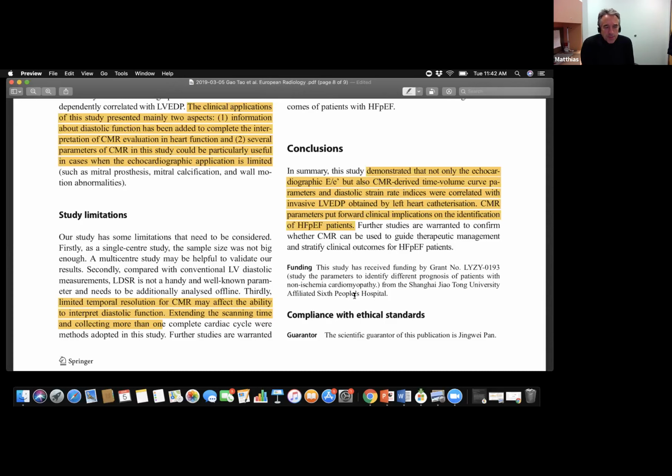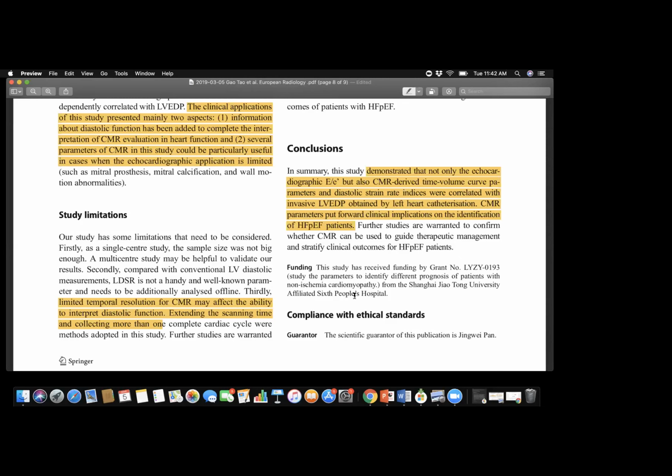We know in echo we have a much higher temporal resolution, and the number of data points we can get to, for example, look at strain rates is much higher. So what do you think, as someone who does both MR and echo, do you feel comfortable with the temporal resolution of MR to calculate parameters like strain rate and change of volume?